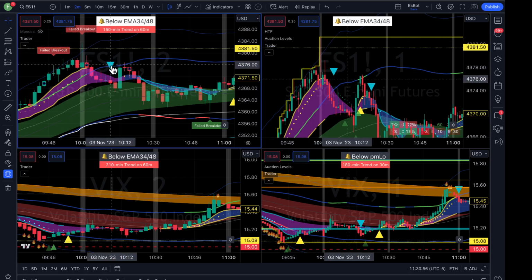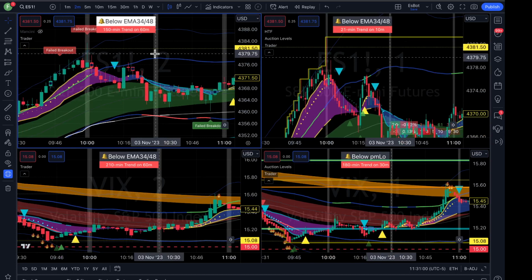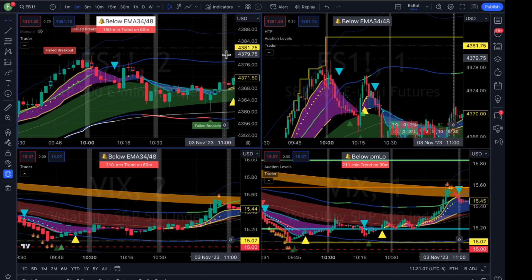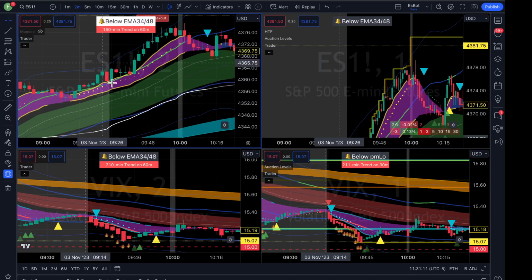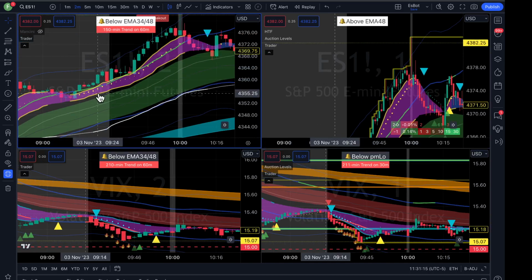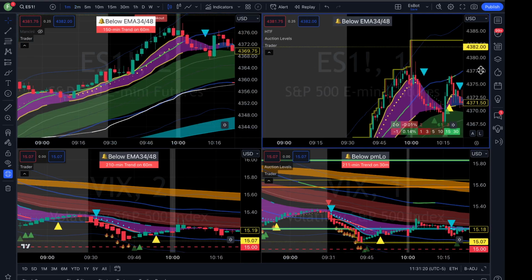That's up to you. But then, for the entries, are you only using the 1 minute for the re-entries, or also for the first entry? I don't use the 1 minute for the first entry, but I want the 1 minute and the 2 minute to be in agreement. So they both should agree to get in.